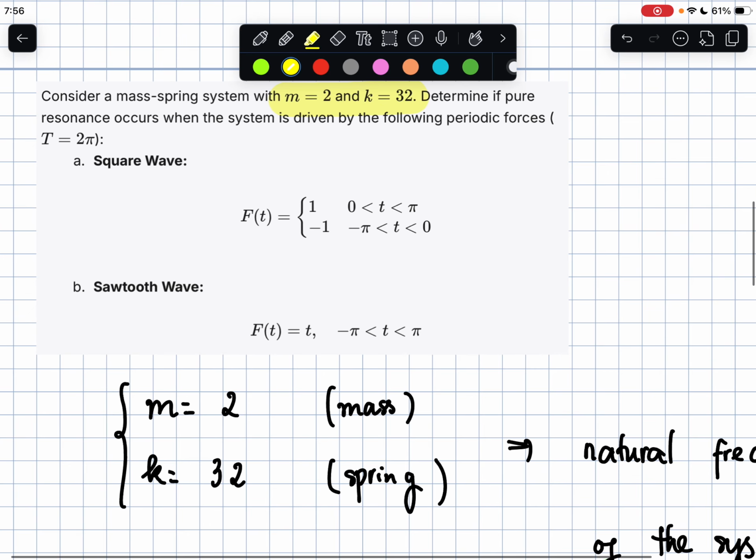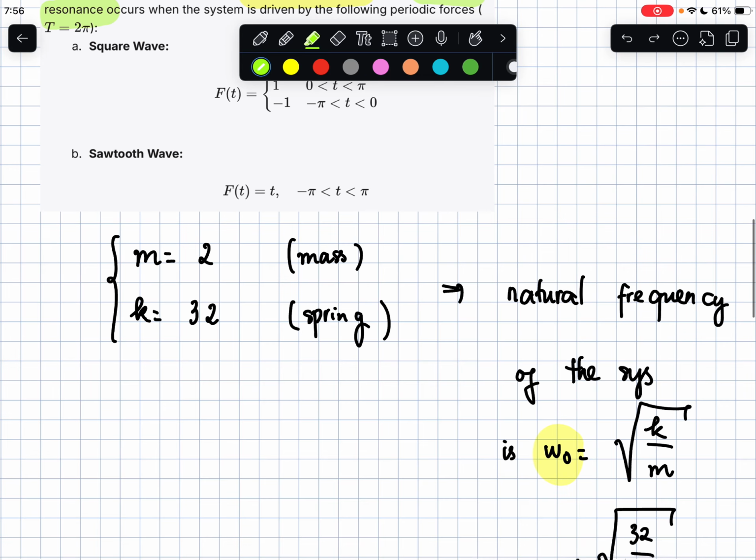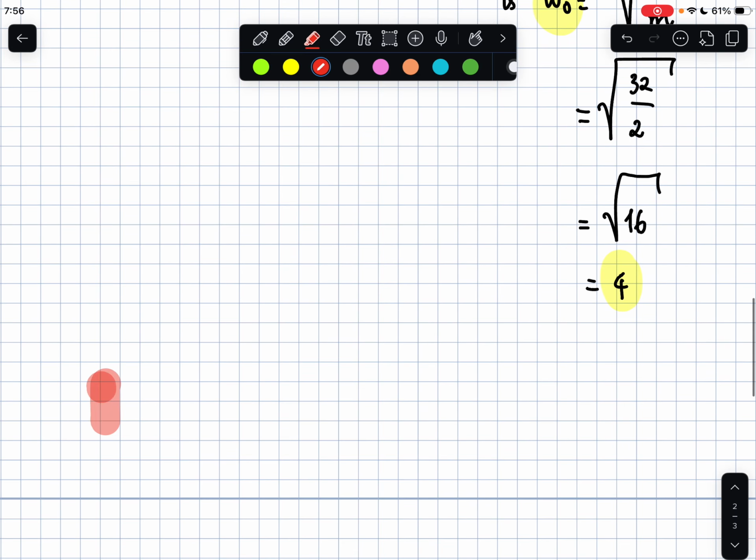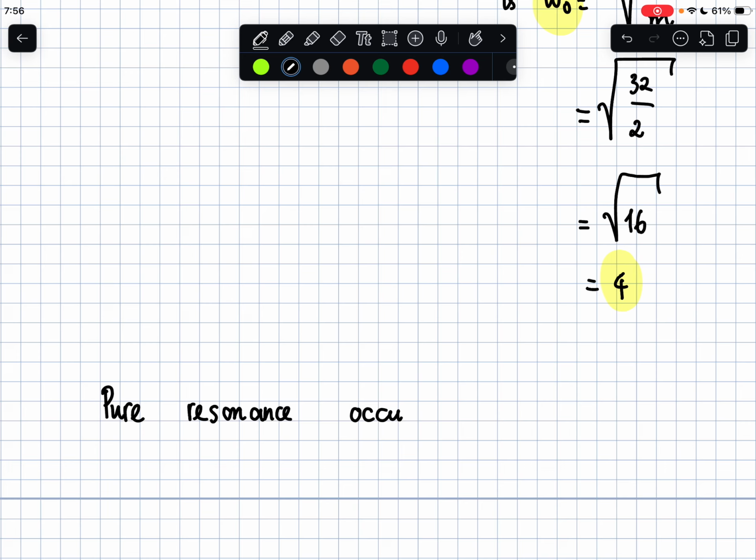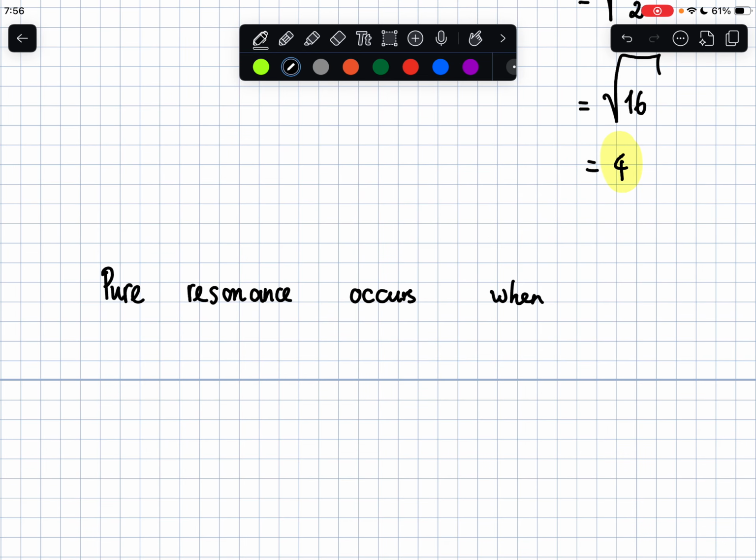Determine if pure resonance occurs or not. First case, square wave. Note that pure resonance occurs when there exists a component of the force with a frequency that matches the frequency of the system.